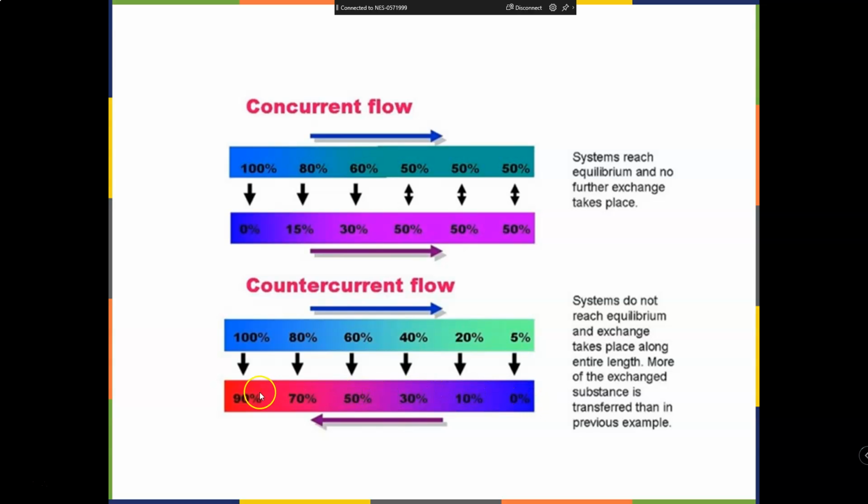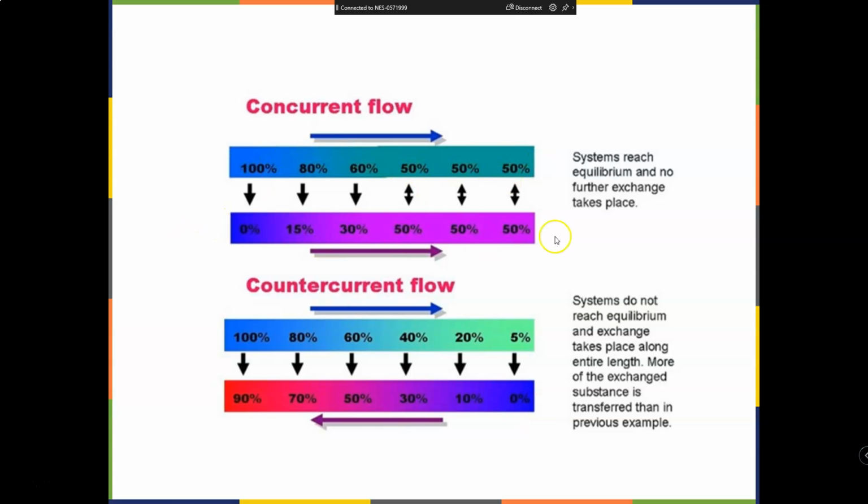Then as we get over here, we've picked up the maximum amount we can pick up, which is just a little bit less than the maximum pressure of oxygen in the seawater coming in. That pressure of oxygen in the seawater falls all the way to the end. And even when we're at 20% or 15 or 10 or 5% concentration here at the end, the blood is coming in with an even lower amount of oxygen right here, so we can still effectively transfer oxygen to the blood all the way here.